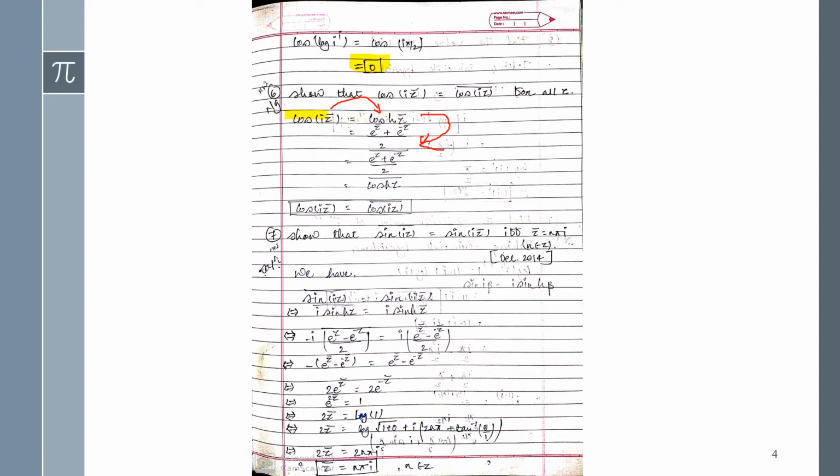So for this function, here it will be cos h z bar, that is, e raised to z bar in place of e raised to x. So e raised to z bar plus e raised to minus z bar upon 2, and this one having a separate conjugate, it means we can apply the conjugate to the whole function, and this is again one rule of the conjugate function.